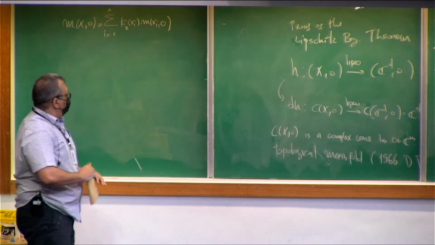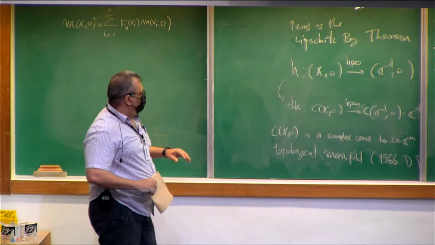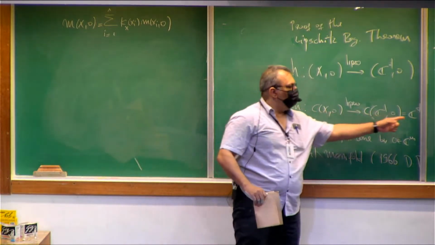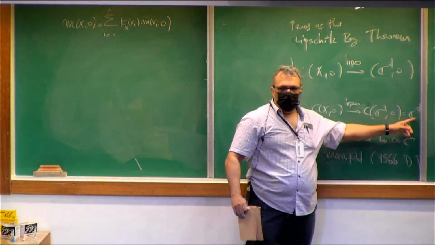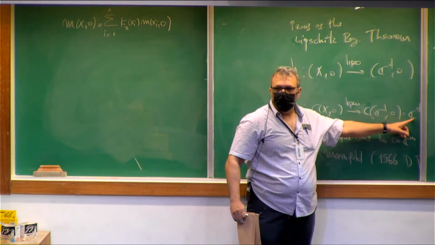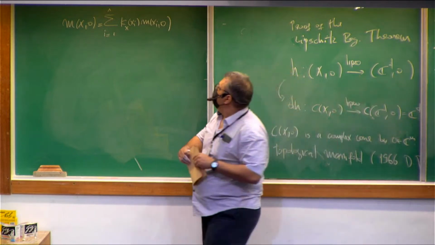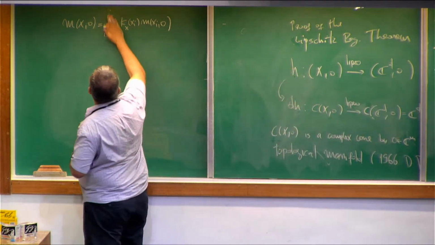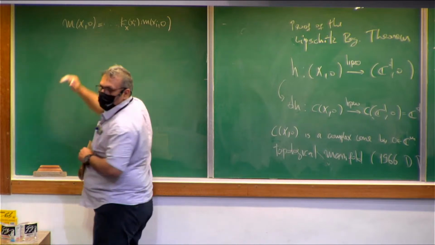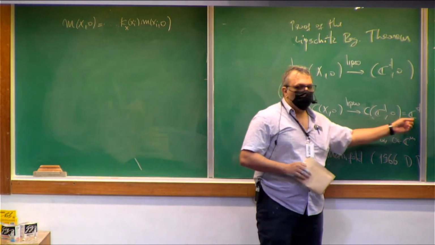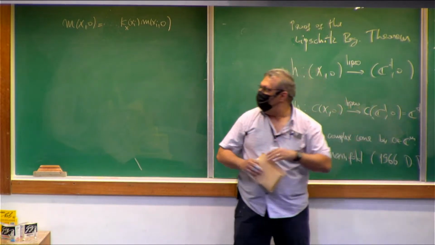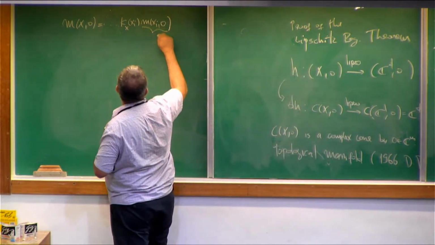But we have a bijection between this cone and this cone. How many irreducible components are here? Only one. Then you have only one here. And what is the multiplicity of this irreducible component? It is 1.